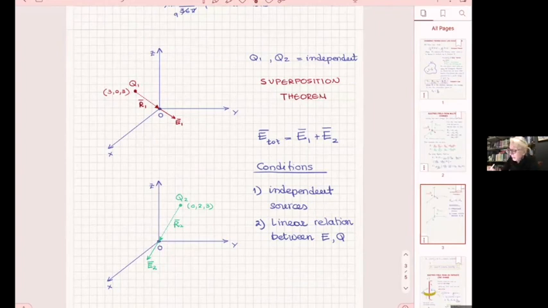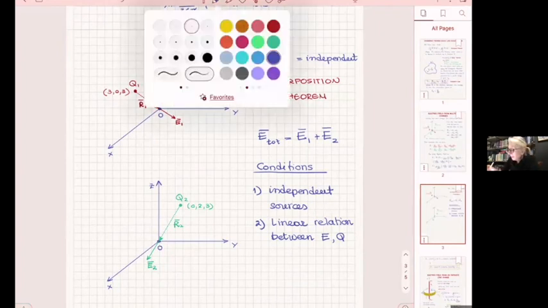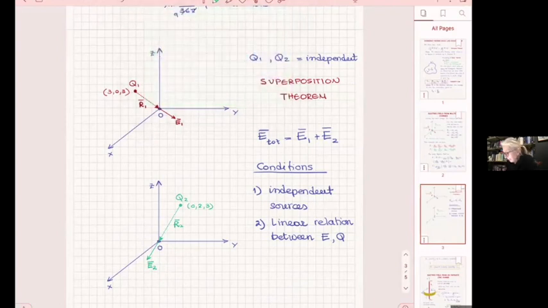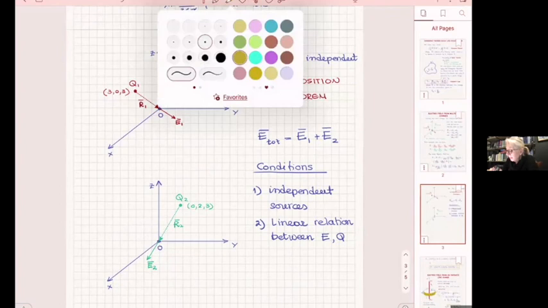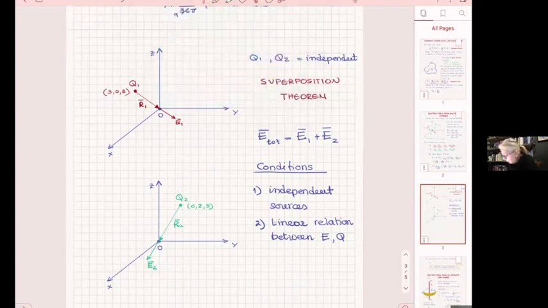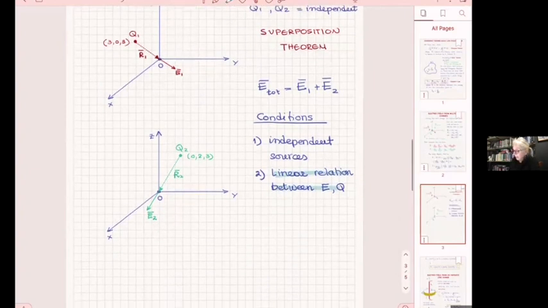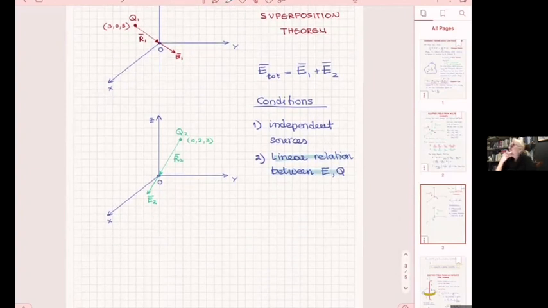Why is that important? I'll tell you one very important thing that everybody in this class and later specifically makes a mistake. You know where it is? In this relationship. Why is that? The field is linearly related to the source.